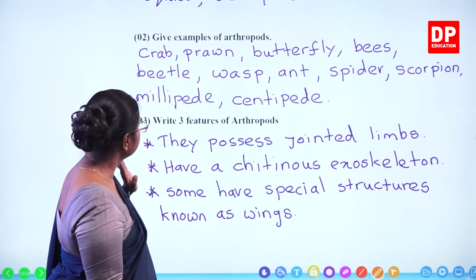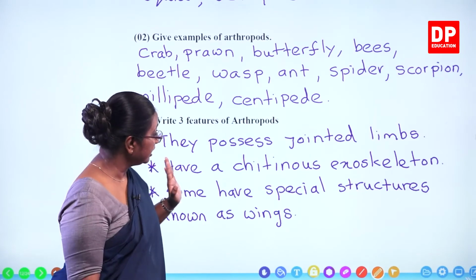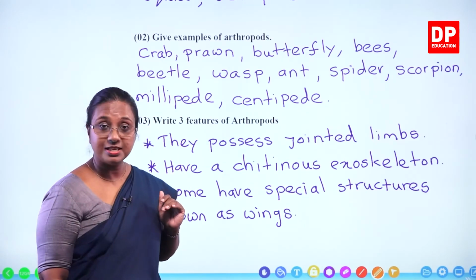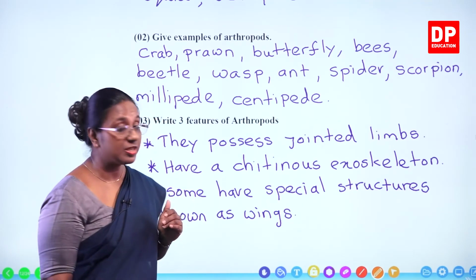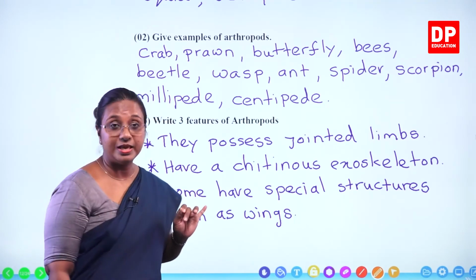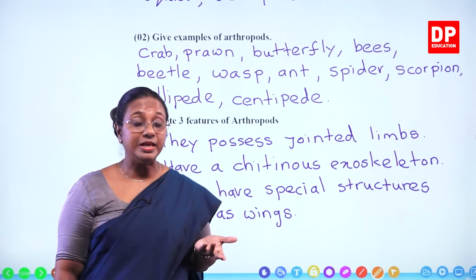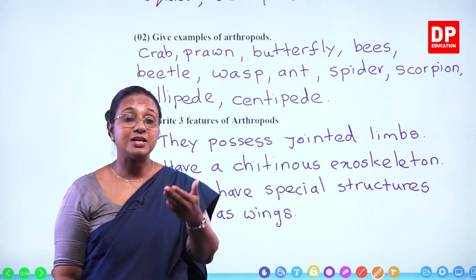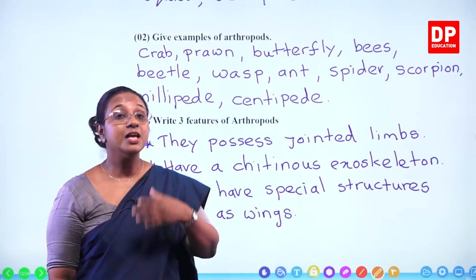So these are some features I have already written. They possess jointed limbs, have a chitinous exoskeleton. Some have special structures known as wings, or some have special wings. In addition to that, you can even say multicellular, triploblastic, coelomic organisms.